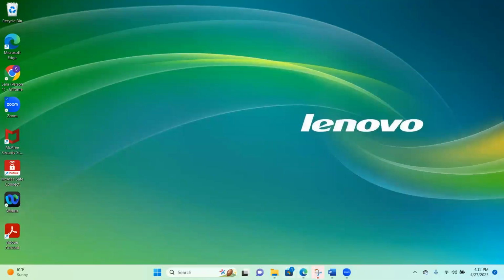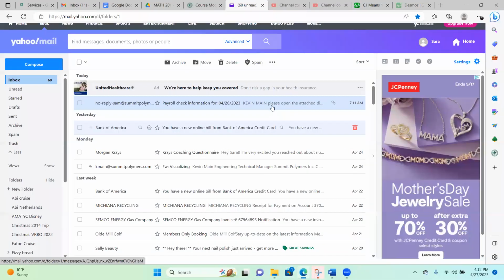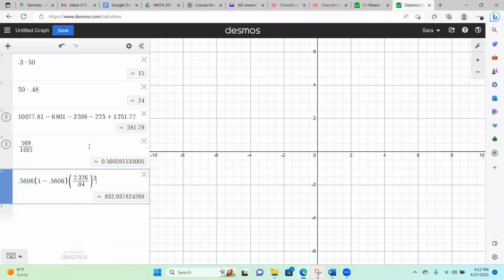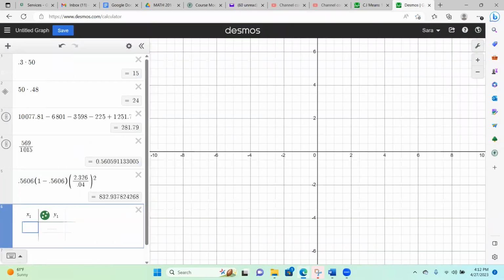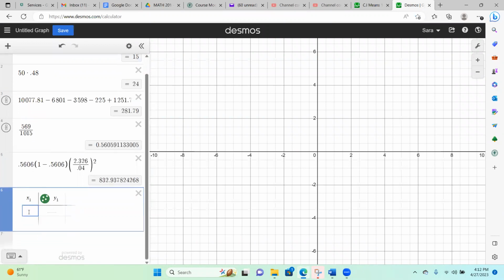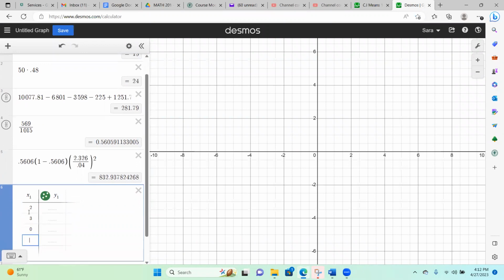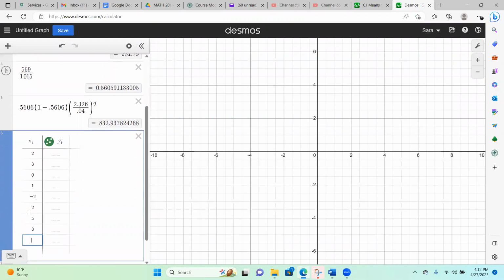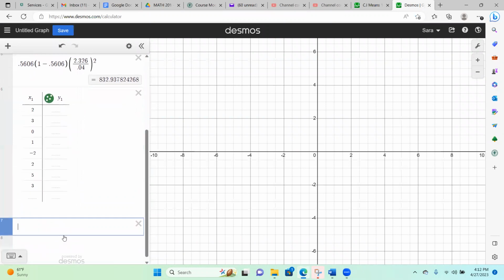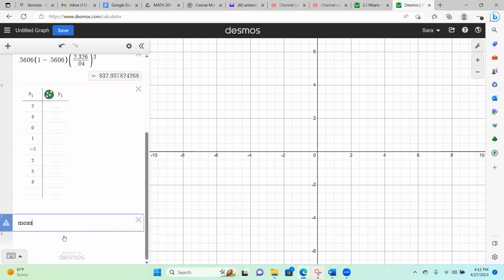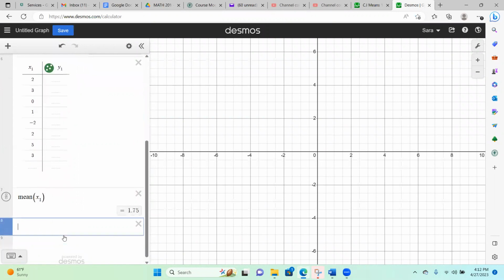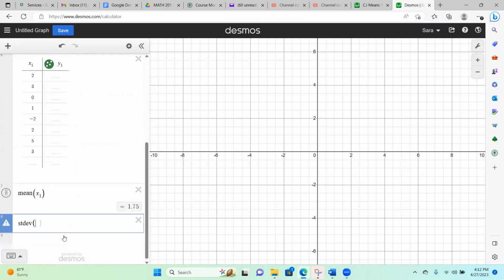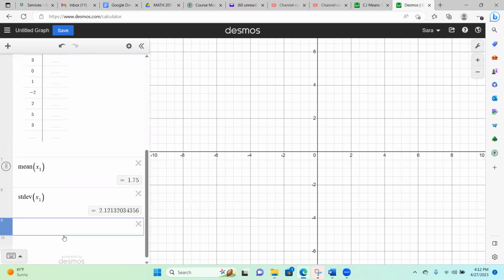In Desmos, the first thing we have to do is find the mean of our difference data. I already took the differences, so I'm just going to type those in: 2, 3, 0, 1, -2, 2, 5, and 3. I have to find the mean of that difference data and the standard deviation of that difference data.